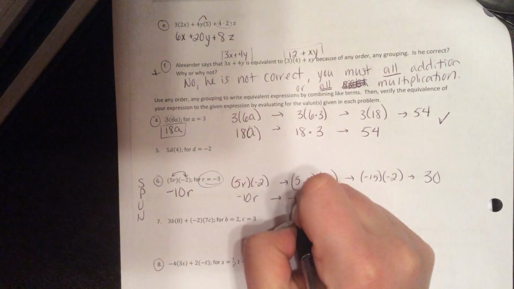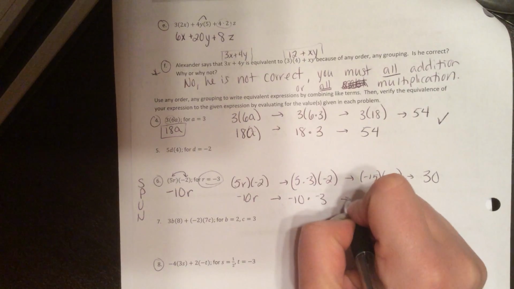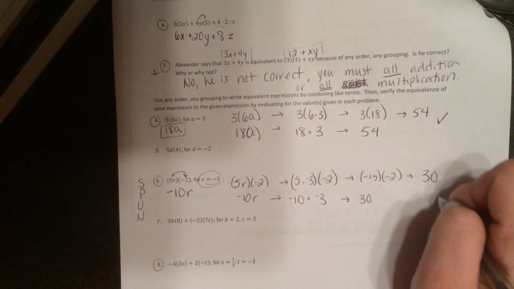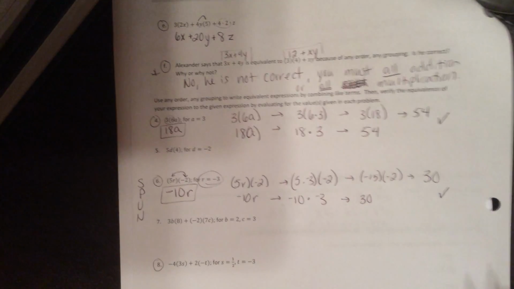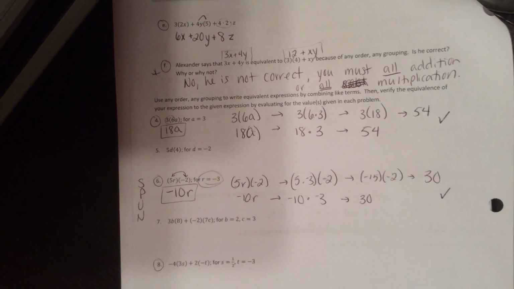Okay, here, -10 times r, and r is -3. Same signs, positive. 10 times 3 is 30. They check. That is correct. Okay? This is not going to have to be done every single time you do this kind of question, but it doesn't hurt, and it's a good way to kind of check yourself.